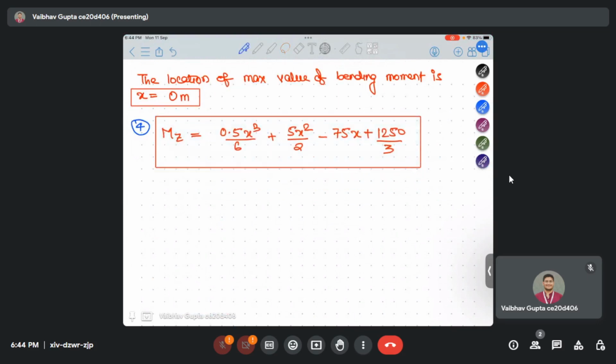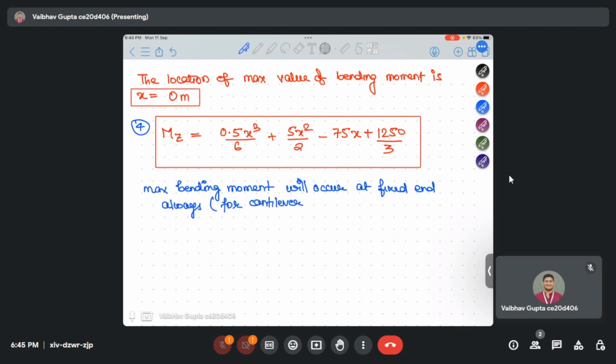The maximum bending moment will always occur at the fixed end for a cantilever beam, which implies x will be equal to 0.